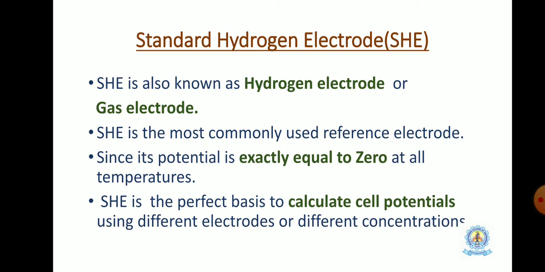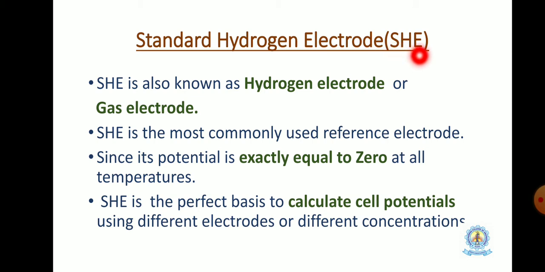Before going to this topic, I would like to mention one point. There are three other names for this electrode. One is standard hydrogen electrode, the second one is hydrogen electrode and the third one is gas electrode, where standard hydrogen electrode is abbreviated as SHE.